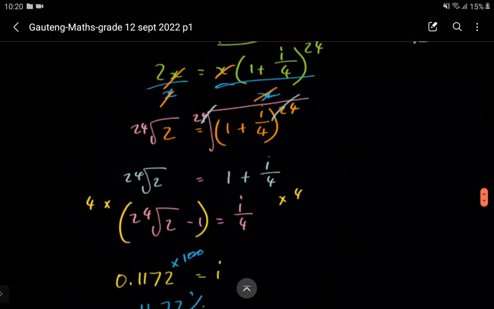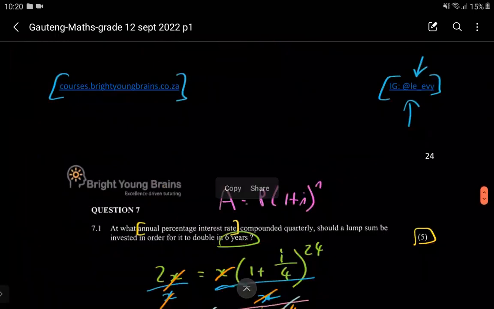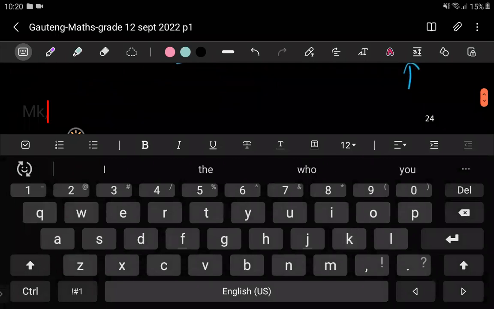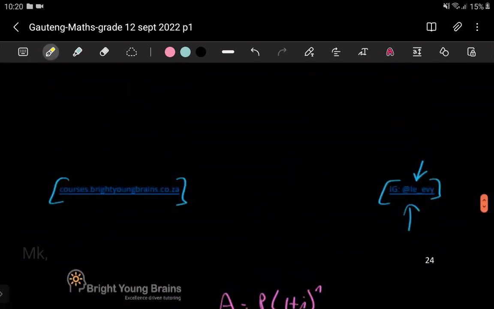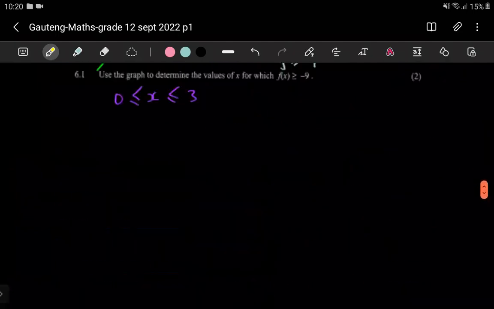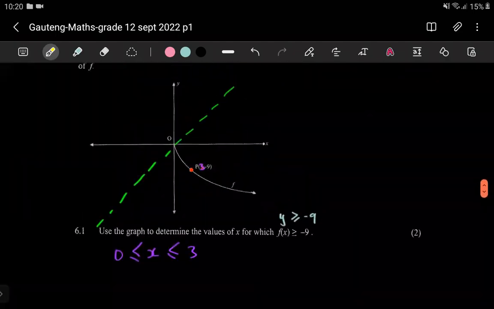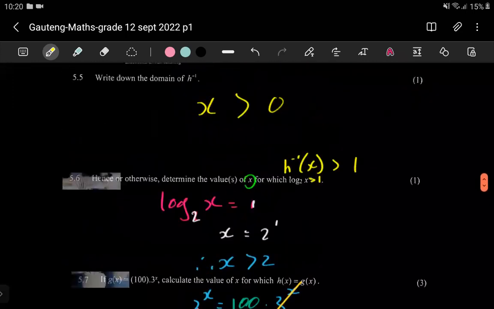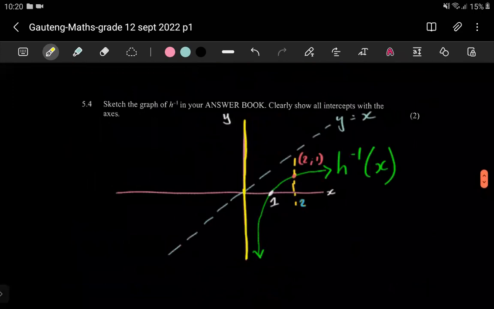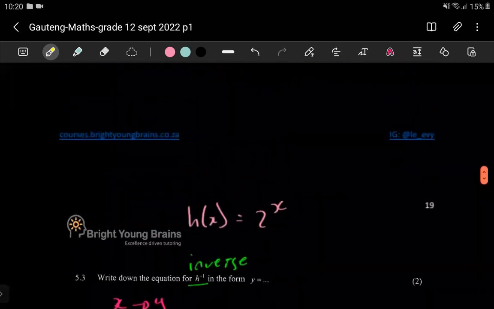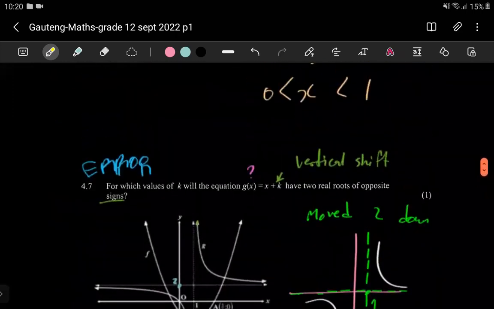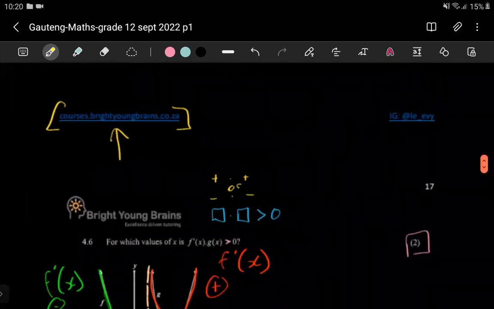So if we're looking at something like this paper also, if we're looking at, say, the functions questions, like some of them, guaranteed we're going to get what we were talking about just now. So if I go to, say, maybe question 4, or whatever, let's see here, question 4.6.